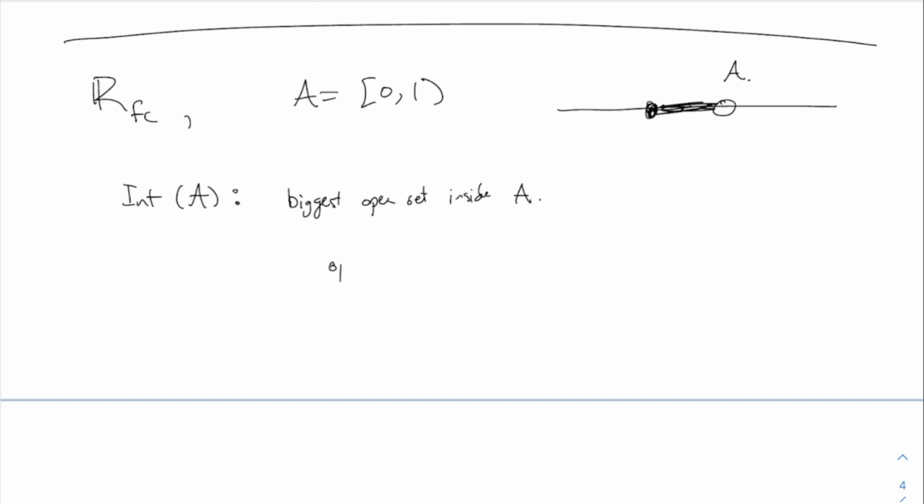So an open set, open in R_FC, looks like a set which includes everything except for finitely many omitted points. Here I've omitted just 4 points, but it includes all other points. So what is the biggest open set inside of here? Or perhaps, is there any open set inside the interval from 0 to 1? And if so, what's the biggest one you can get that's completely inside here?